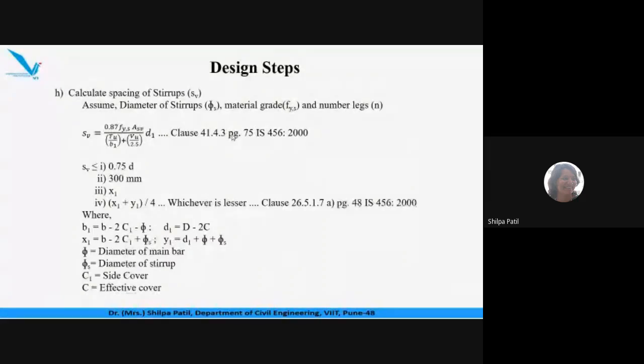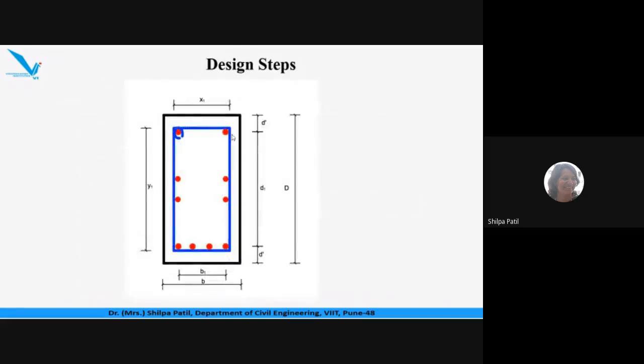C1 is at the center or at the clear, depending on what we have assumed. If we assume at the center, C1, what have we considered for B1? B1 we have considered as a clear side cover, and we added half T. So C1 is a clear side cover. Am I right or wrong?